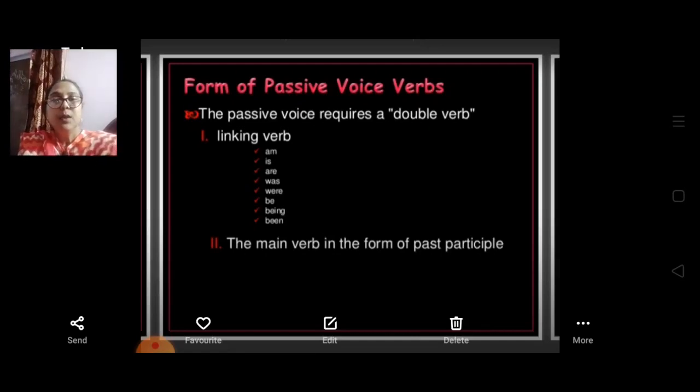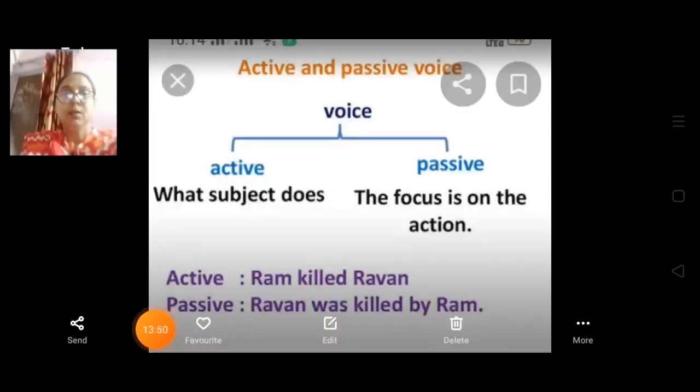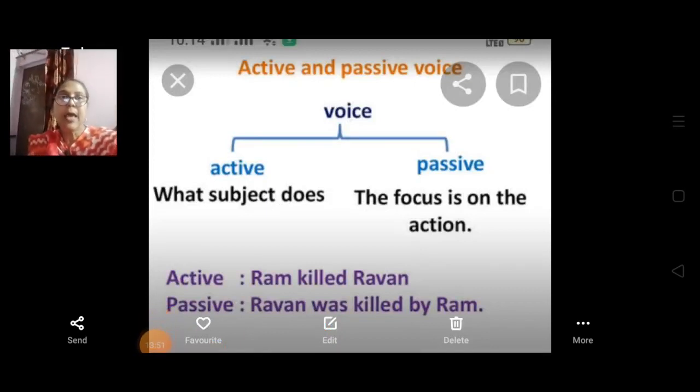Let's see once again, active and passive voice. There are two voices, active and passive. What the subject does, the focus is on the action in passive voice. So active voice: Ram killed Ravan. In passive voice, we are going to write Ravan was killed by Ram.